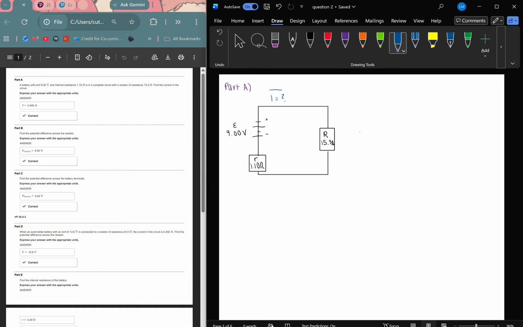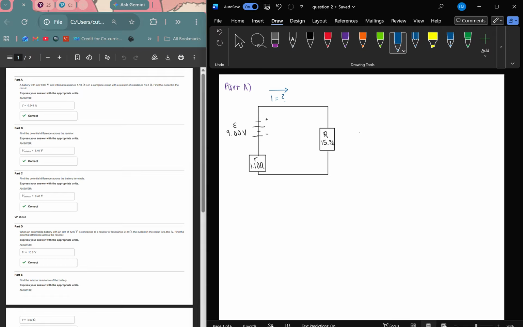I'm gonna do it this way. This arrow is showing the direction of the current, and the current is represented by the capital letter I. It represents the flow of electric charge, and it's measured in amperes, I believe that's how you say it.